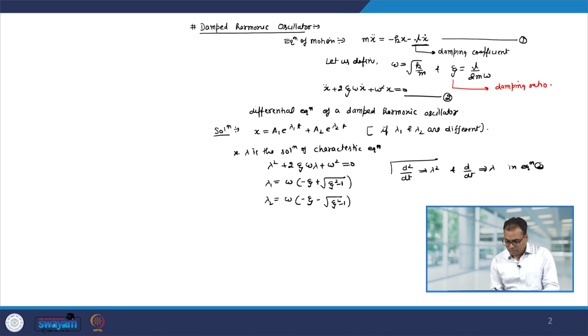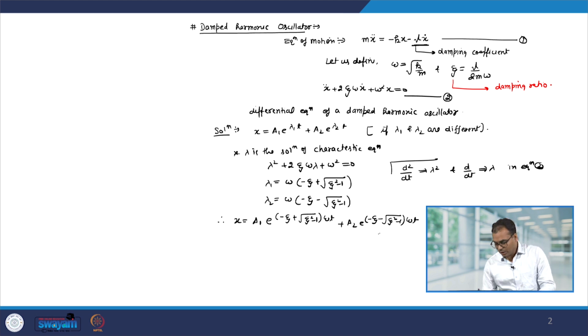Therefore, x will be a1 e to the power lambda 1 t, where lambda 1 is minus zeta plus square root zeta square minus 1 times omega, t, plus a2 e to the power minus zeta minus square root zeta square minus 1 omega t. Let me call this equation number 3. This solution we wrote when lambda 1 and lambda 2 are distinct, that is, they are different.